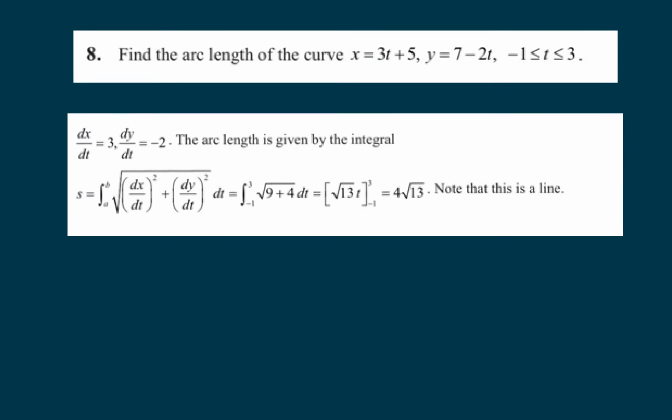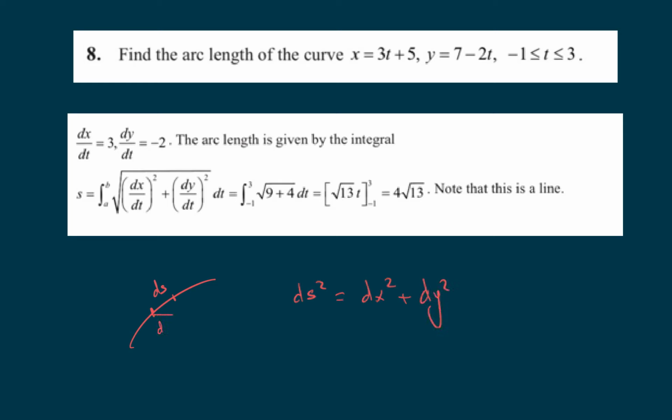Okay, find the arc length of these two parametric equations. How do we find the arc length? The arc length ds, you have a curve. It follows Pythagoras theorem, that says that this is dx squared plus dy squared.